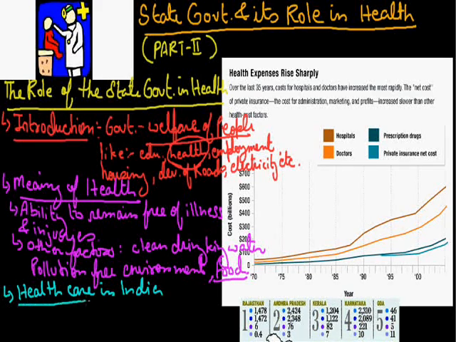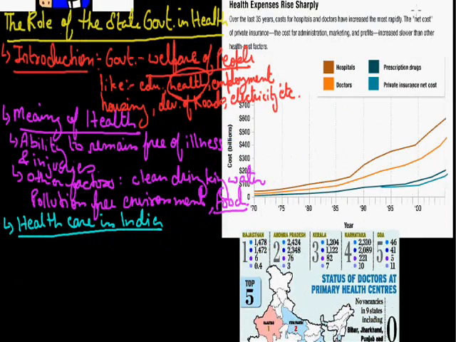Our next topic is healthcare in India. As you can see here, over the last 35 years the expenses on healthcare services are like this. We spend a lot on hospitals. We see a lot of increase in the doctors also.